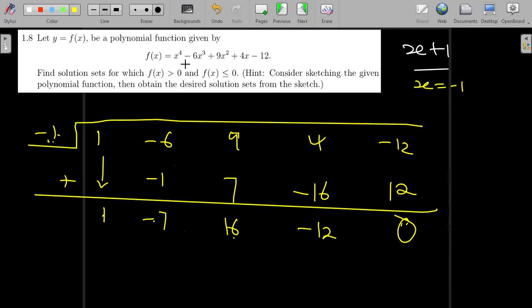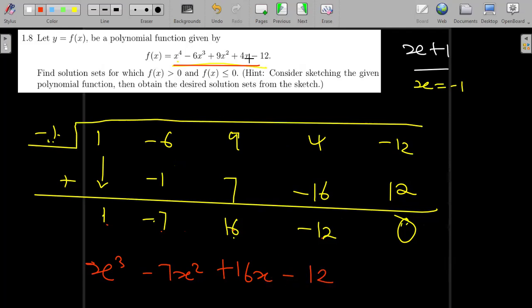So it means now, from this power 4 polynomial that we have, once we divide it with one of the factors, it reduces to what? Power 3. So this one here are just the coefficients of the polynomial that has reduced to power 3. So this will be power 3, power 2, power 1, constant. So it will be x to the power 3 minus 7x squared plus 16x minus 12.